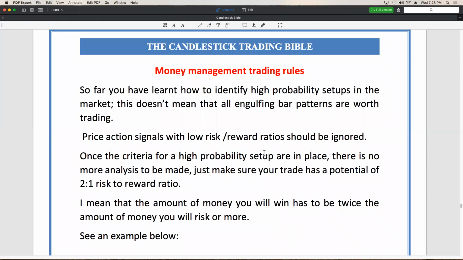You're trying to scalp a candle that's a pip long, and you're only putting a penny lot size on it, so it's low risk, but it's low reward too. If you want to put a penny lot size, you want to get 10 pips, 20 pips, 30 pips. So price action signals with a low risk reward ratio should be ignored.